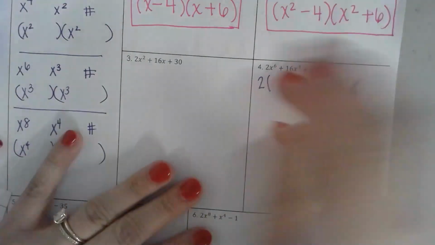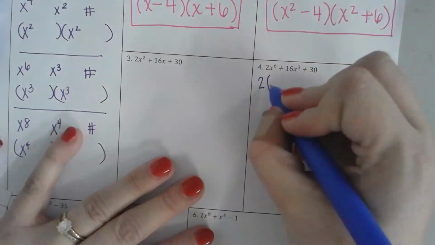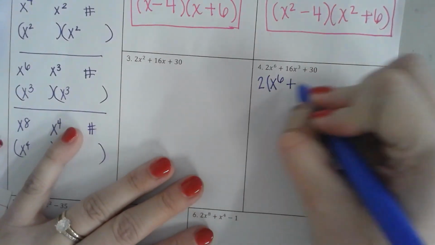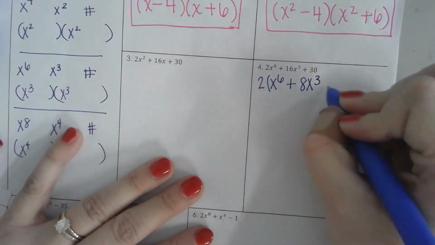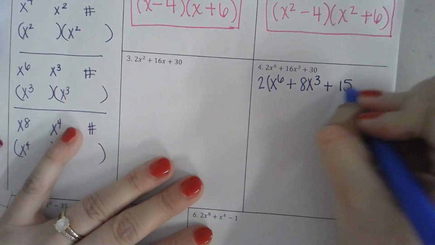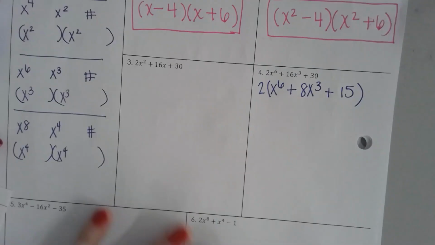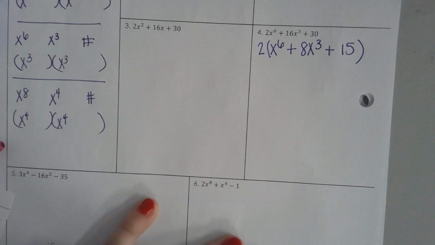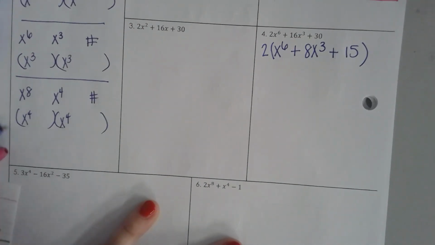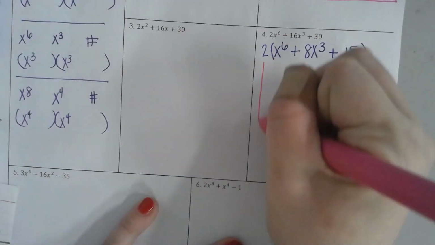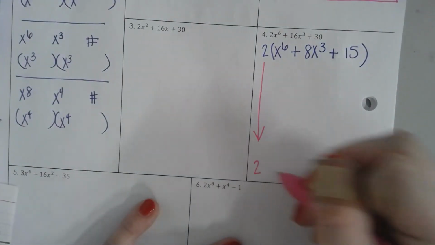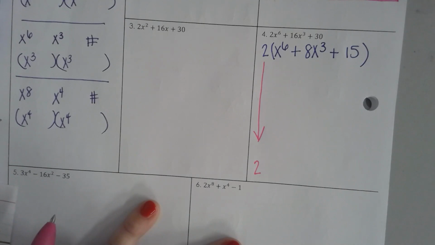So that's going to be x to the 6th plus 8x cubed plus 15. Before I do anything else, I'm going to set up my answer. I'm going to have the 2.